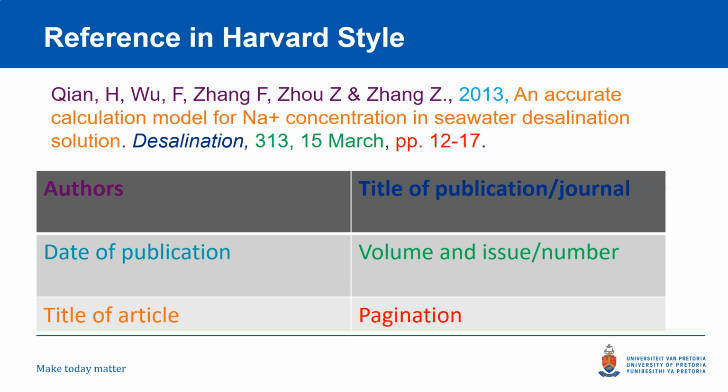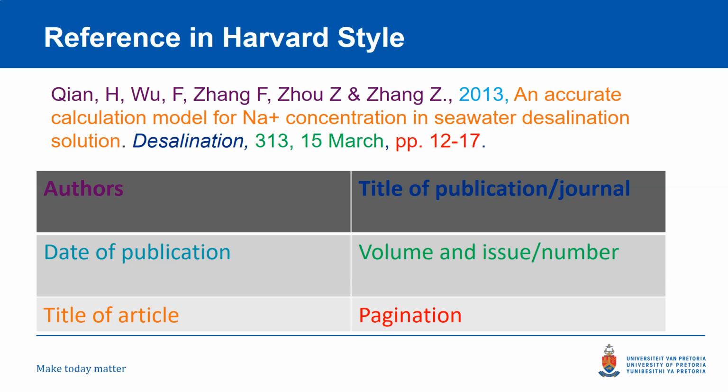So depending, you might find that a journal is published 3 times a year, meaning every 4 months. So you will have 4 issues in that volume for that year.